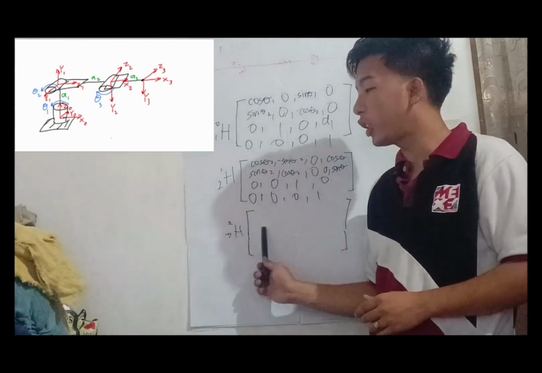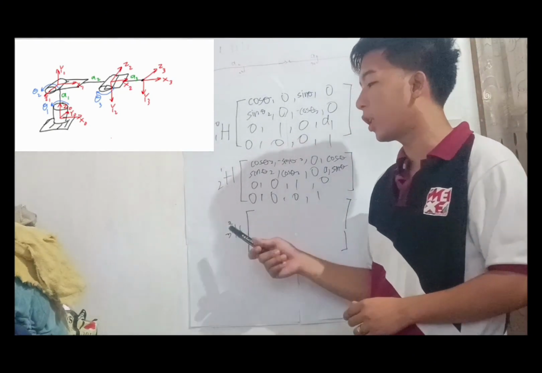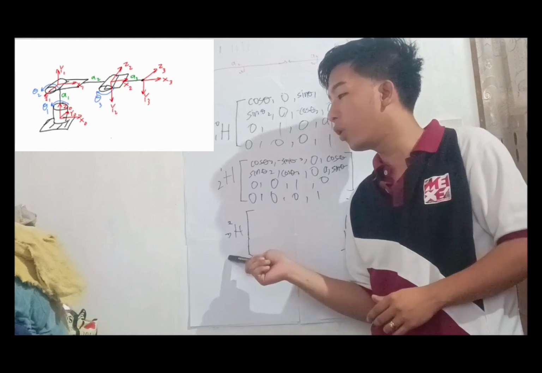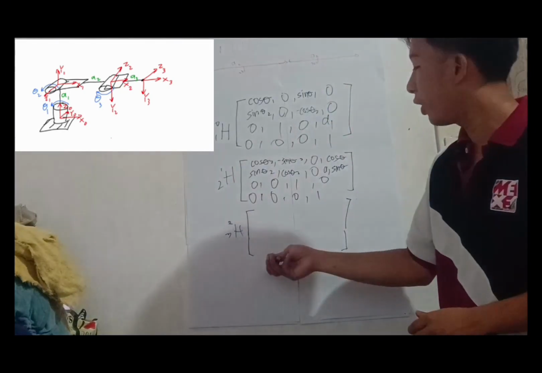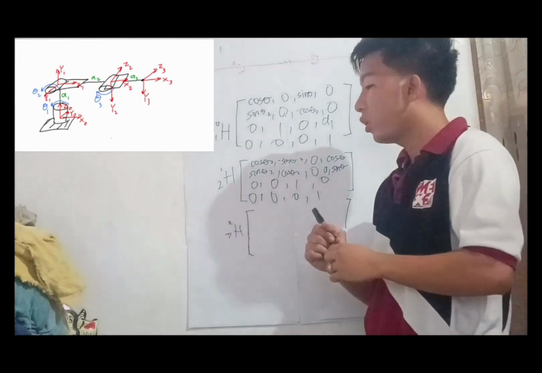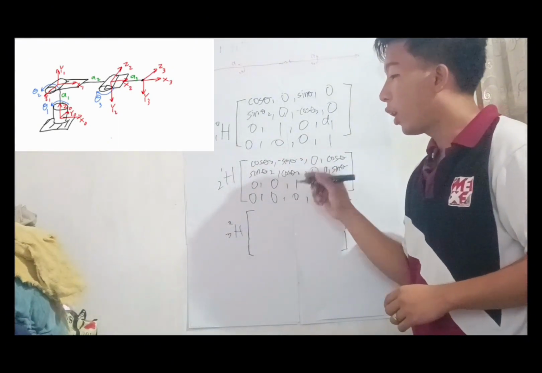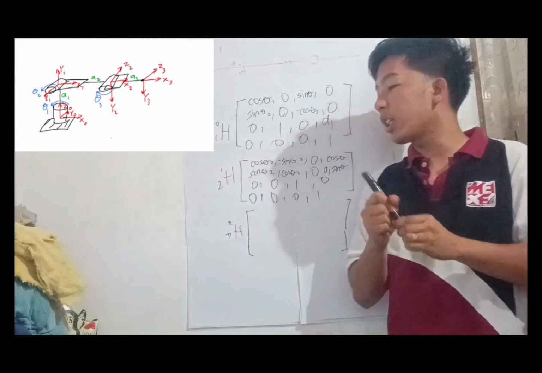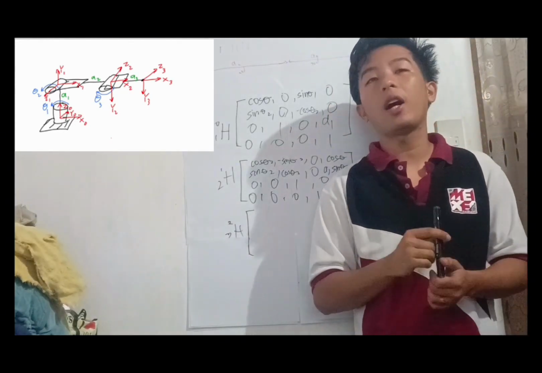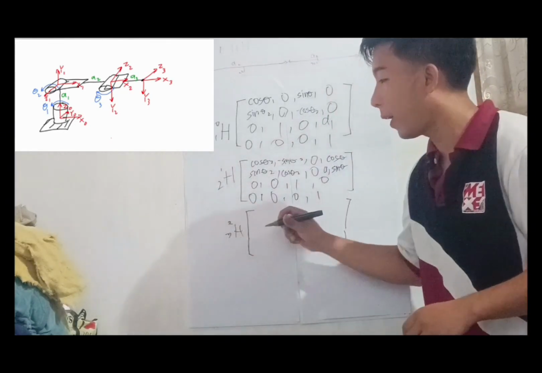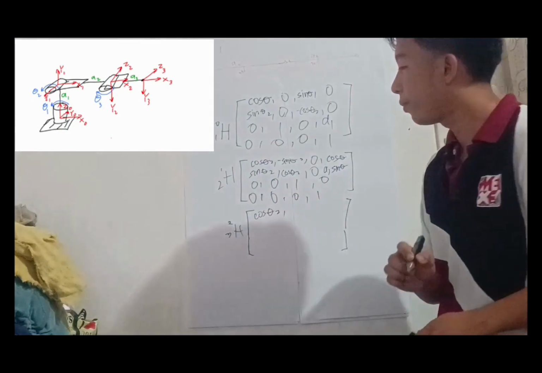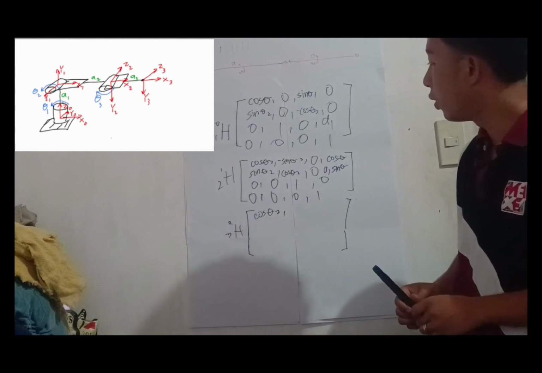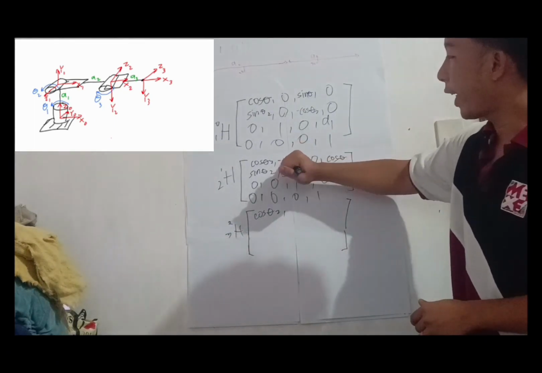Based on the DH parameter, theta is equal to 0 plus theta 2, alpha equal to 0 degrees, r1 equal to A2. So cosine theta 2 represents the cosine of the angle. So this is the cosine theta 2. So the first is negative.